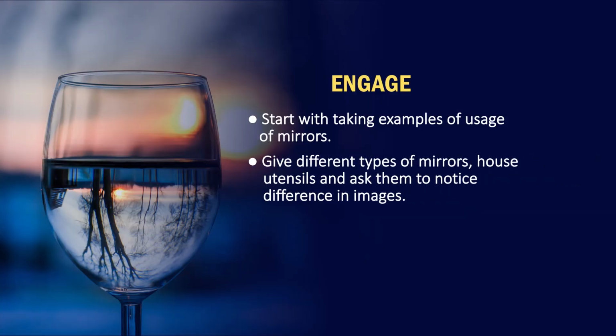Or if you have a good laboratory with different types of mirrors, give them those mirrors. Let them experience the types of images being formed in those mirrors. Ask them to note down the differences in the images in different mirrors.